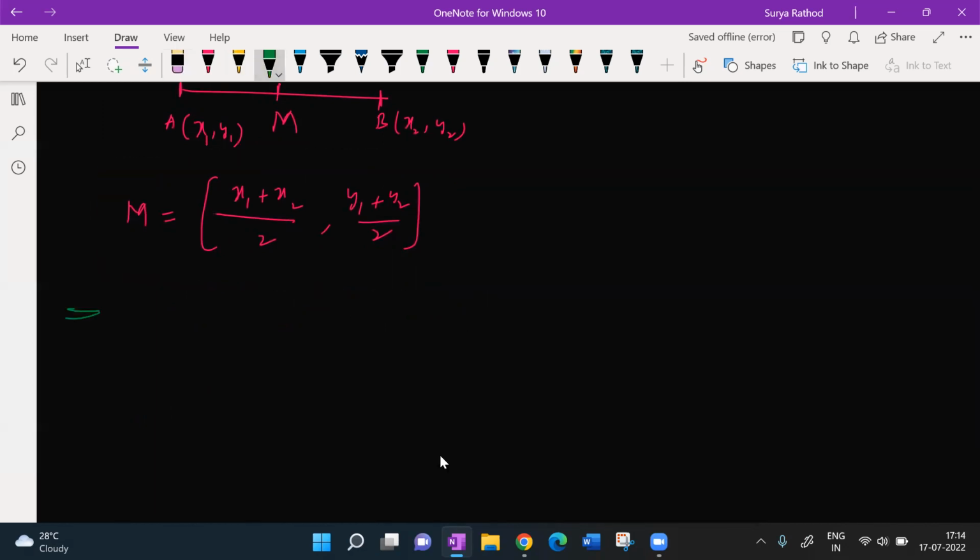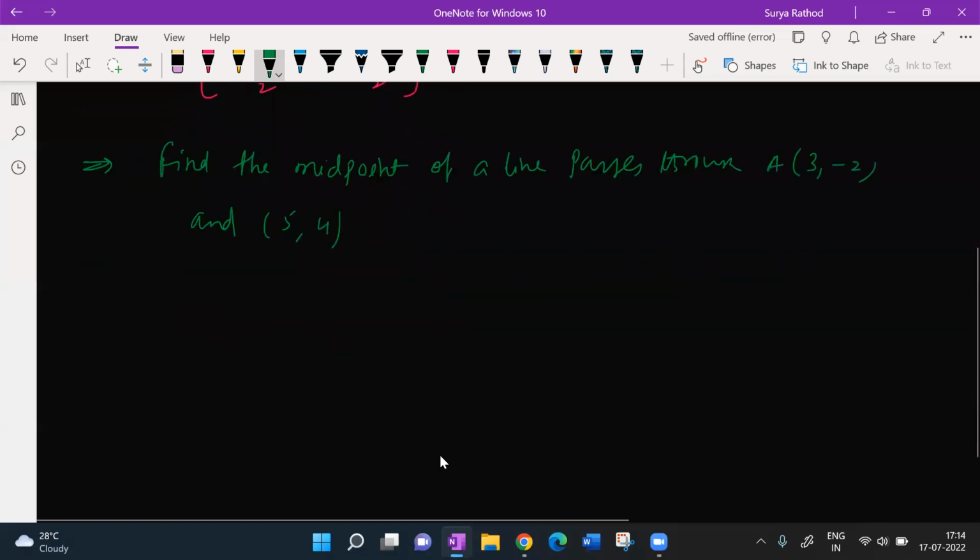Now look at this here. I'll give a question. Let's find the midpoint of a line that passes through point A (3, minus 2) and (5, 4).